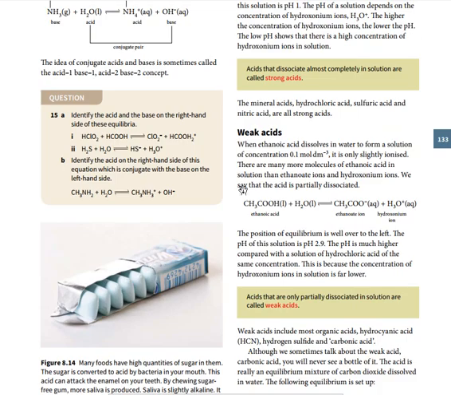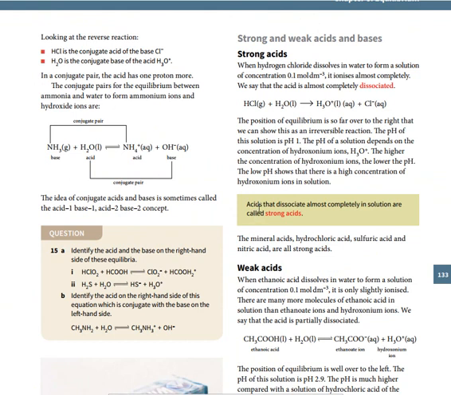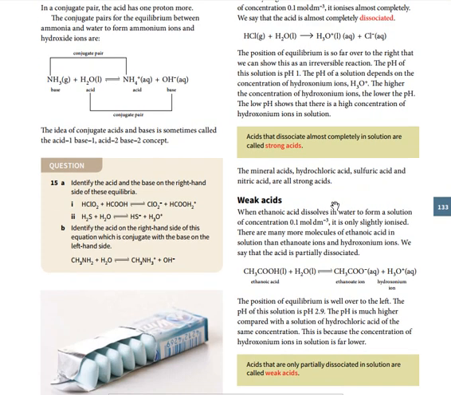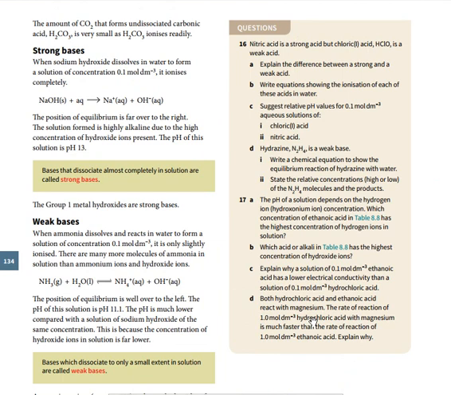Now you can also visualize weak acids. We have strong acids that dissociate completely in solution, producing the hydrogen ion. Weak acids are acids that dissociate partially in solution. So they cannot have a complete reaction.